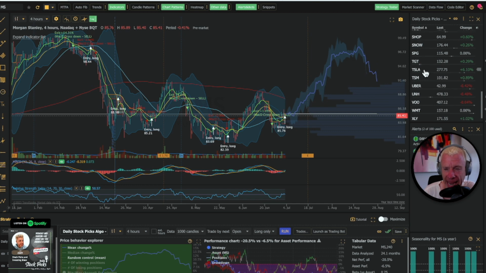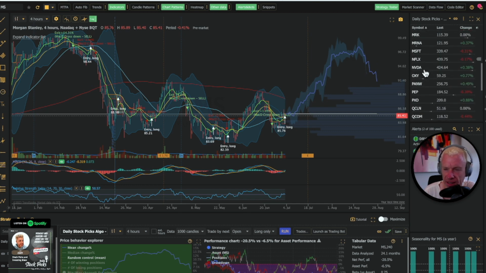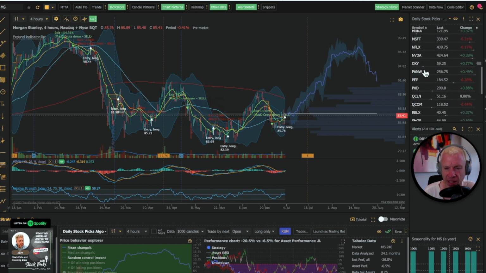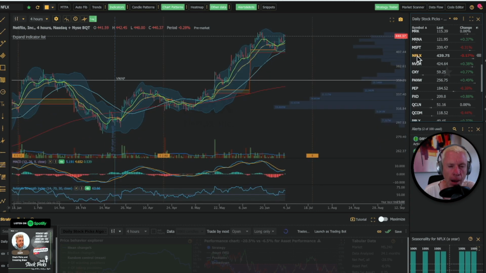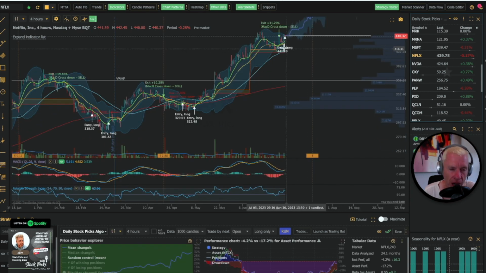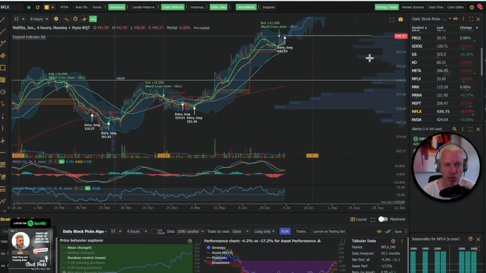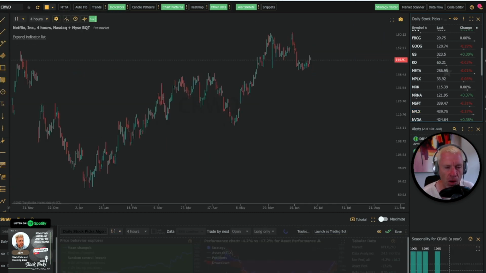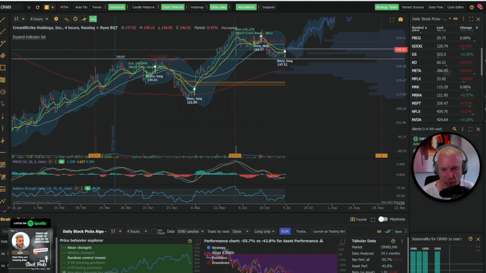Now, a scan that I know we had before, let's see, Netflix. I think Netflix is one that we had before. No, it got you out and then it got you back in. Let's take a look at something like maybe CrowdStrike, one we got to scan in.